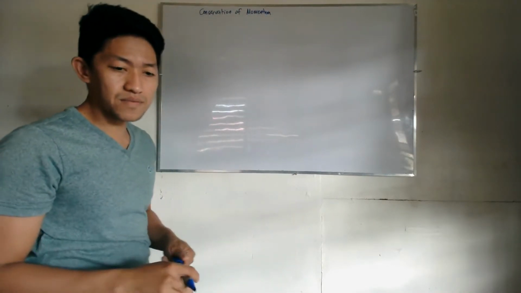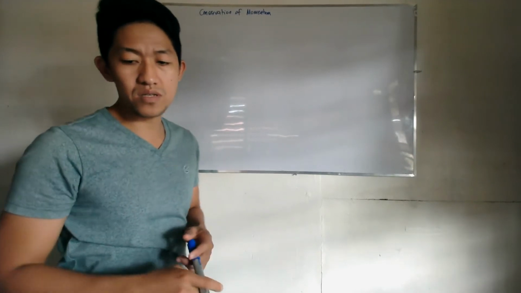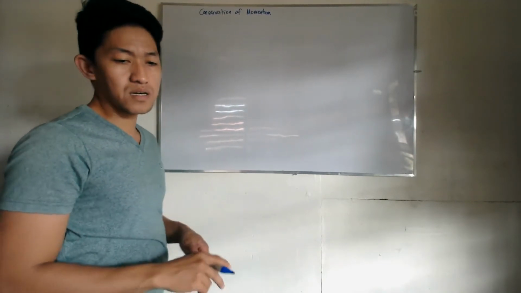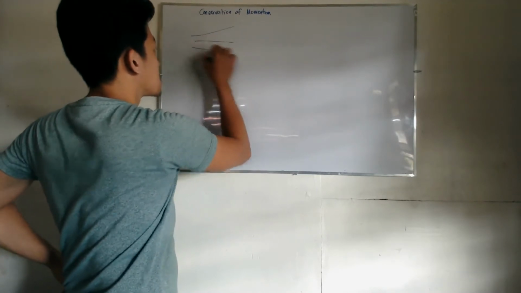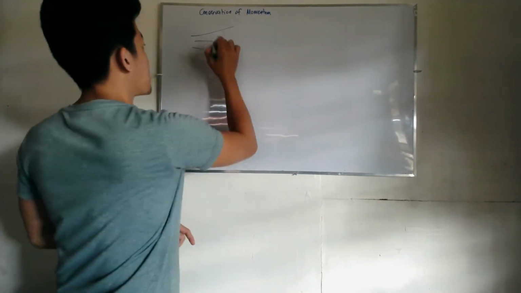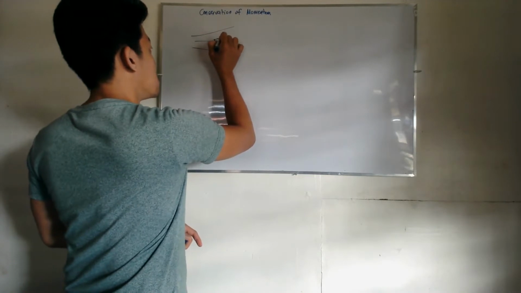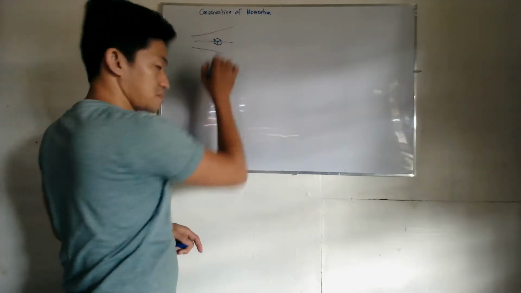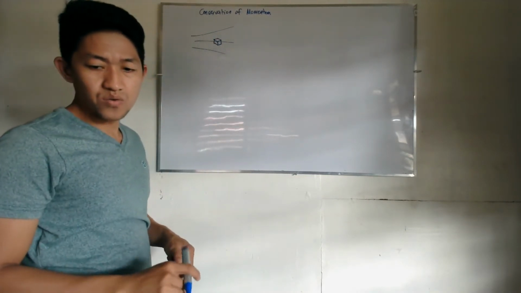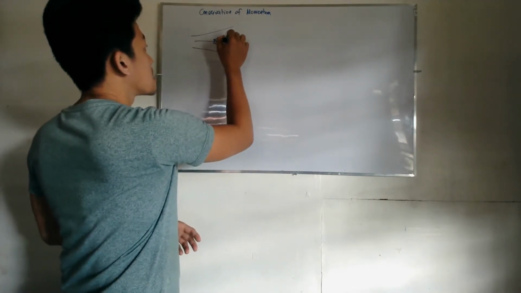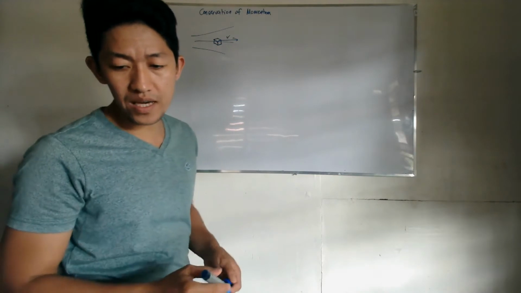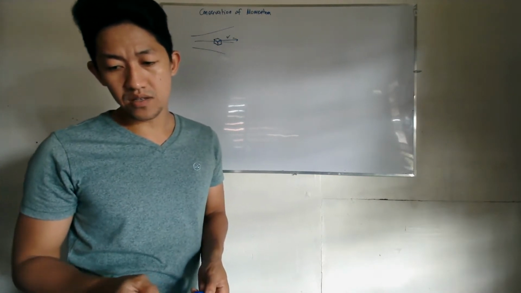Now, in order to derive this equation, we will use the model wherein you have a very small, or infinitesimal, fluid element that is moving along a streamline.